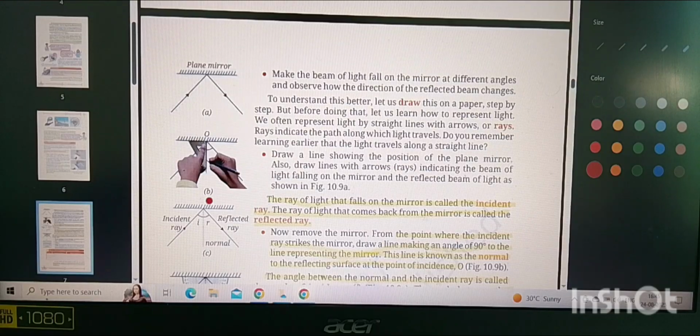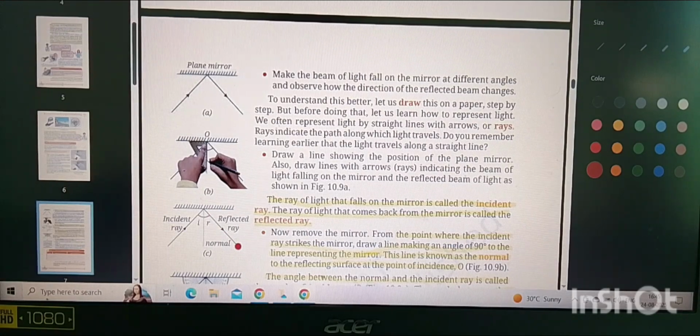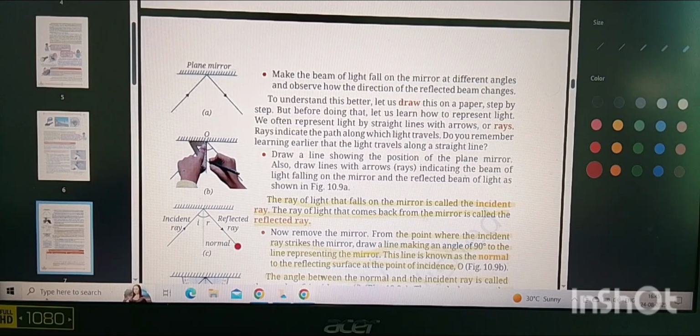From the point where it touches this surface, the ray gets reflected. So this is the reflected ray. The ray of light that comes back from the mirror is called the reflected ray. And this center line is called the normal. At the point where the incident ray strikes the mirror, when we draw a line making an angle of 90 degrees to the line representing the mirror, this line is known as the normal.